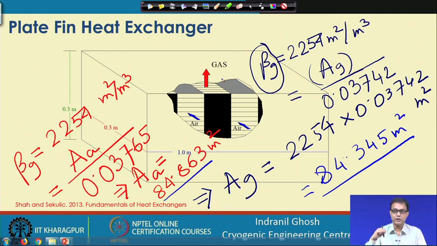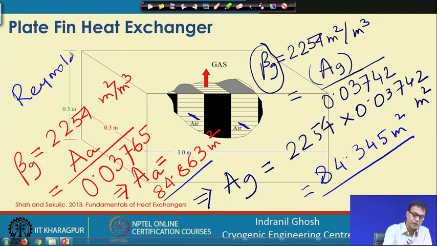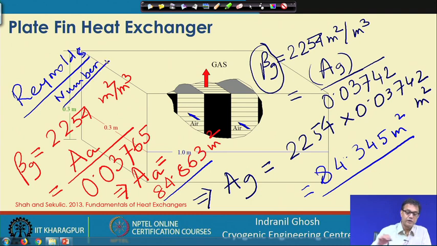Once we know the heat transfer surface area, one of our requirements is the estimation of the Reynolds number. To calculate the Reynolds number, what we need to know is the free flow area and the mass flow rate.